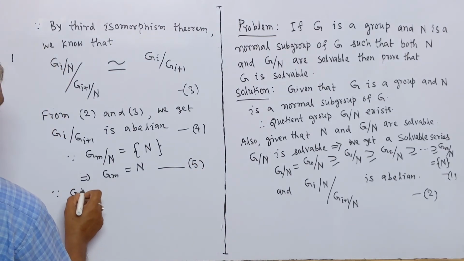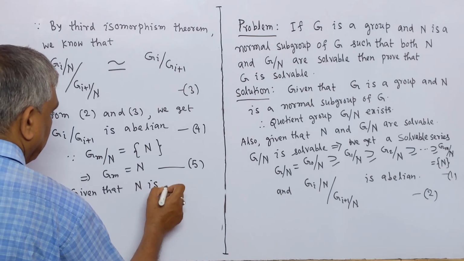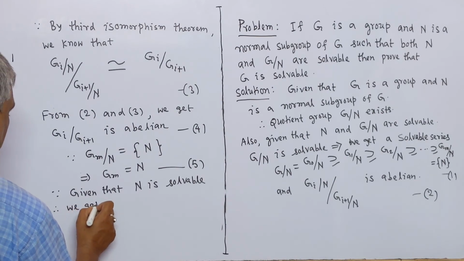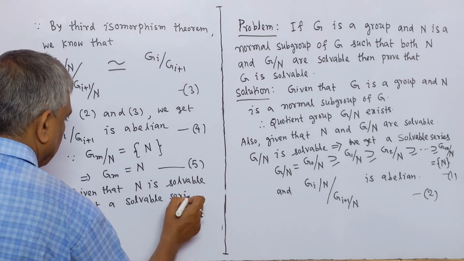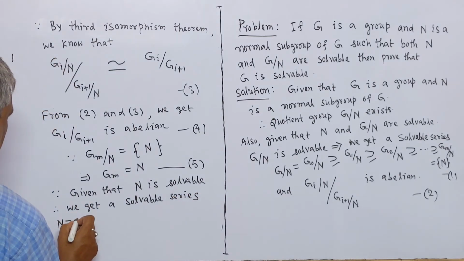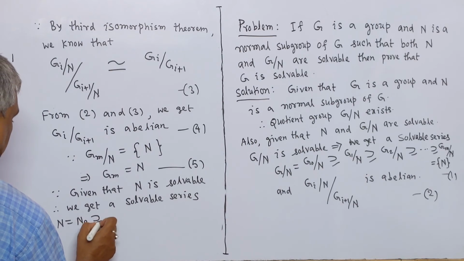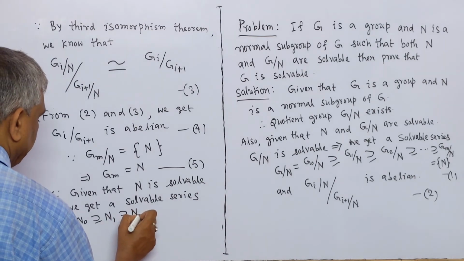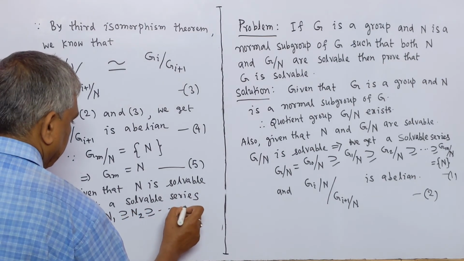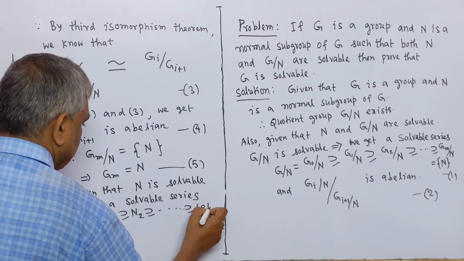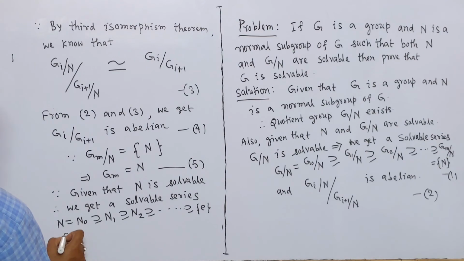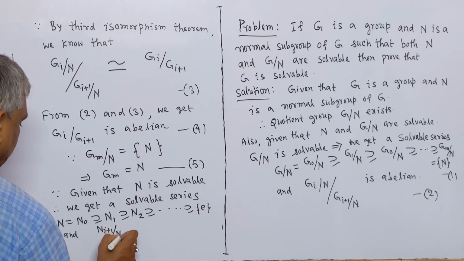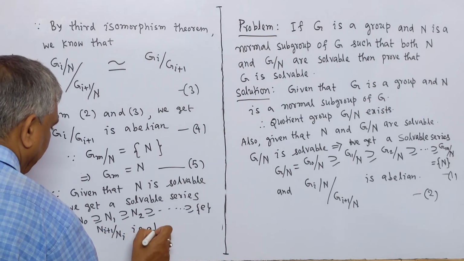Since given that N is solvable, therefore we get a solvable series N equal to N naught, N1 is a normal subgroup of N naught, N2 is a normal subgroup of N1, and so on, lastly the set containing the identity element, and Ni plus 1 by Ni quotient group is abelian.